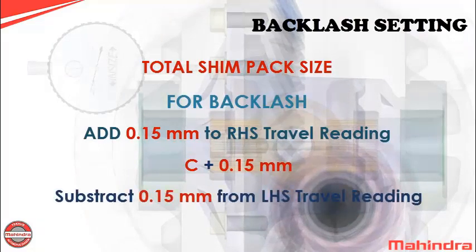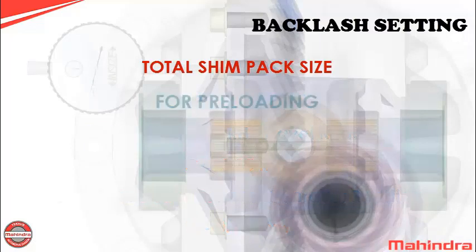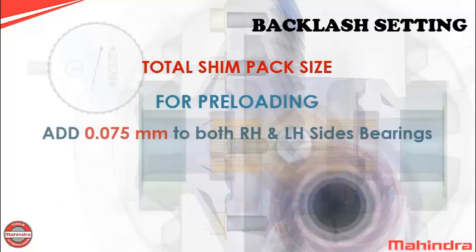Subtract 0.15 mm from left hand side travel reading, B minus 0.15 mm. For preloading, add 0.075 mm shim to both right hand side and left hand sides for preloading of the side bearings.